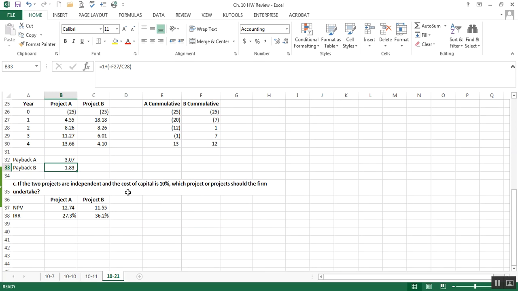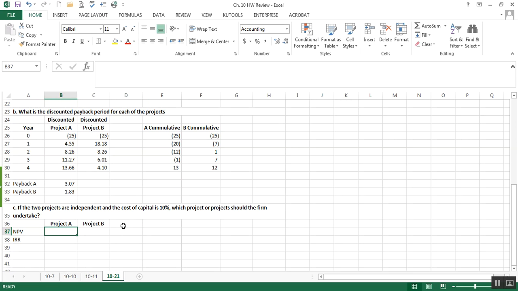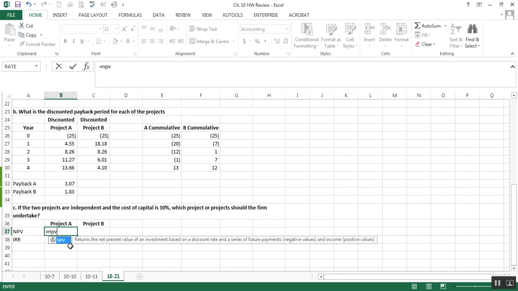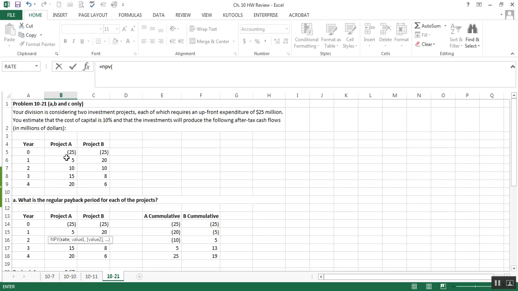If the two projects are independent and the cost of capital is 10%, which project or projects should the firm undertake? So in order to decide that, we're going to look at the NPV and the IRRs in order to decide which project or projects we should undertake. So net present value is going to be the year 1 through 4 cash flows.